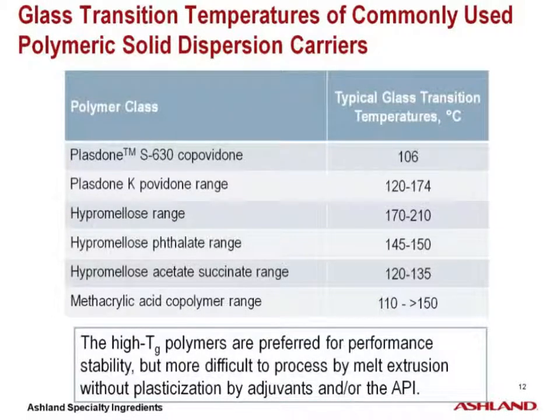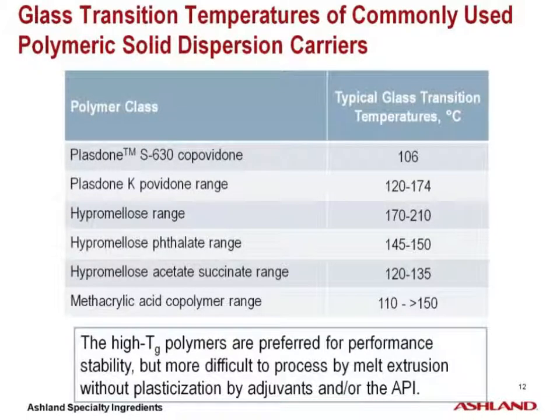As mentioned before, high Tg polymers are desirable from a physical stability perspective, but high Tg polymers are also more difficult to process by melt extrusion. Some polymers, such as HPMC and high molecular weight Povidone, cannot be processed easily without plasticization.